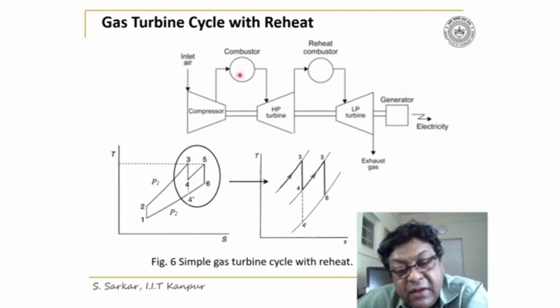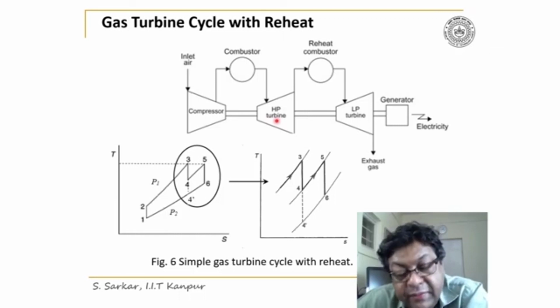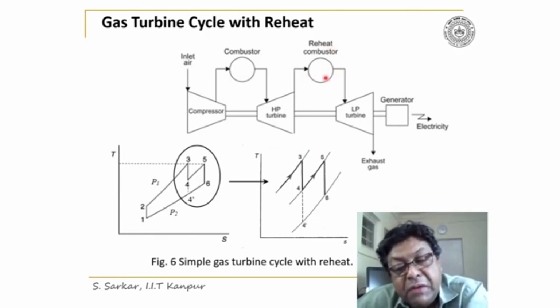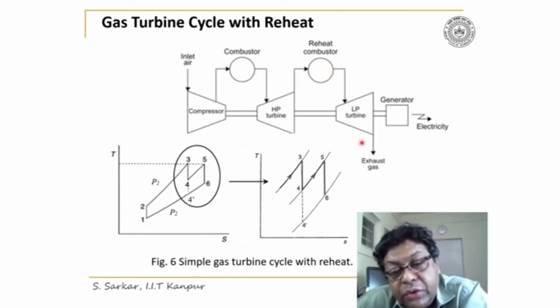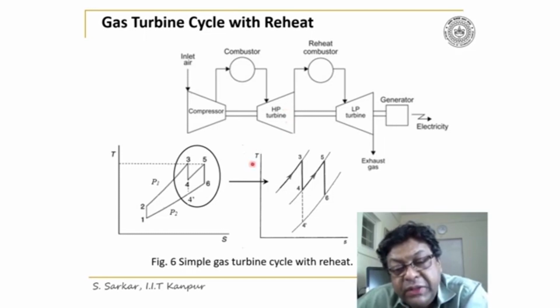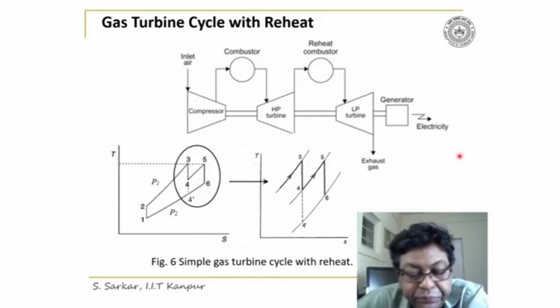After that, high pressure and high temperature gas is expanded in the high pressure turbine. Then exhaust from HPT is reheated in the reheat combustor, and then again it is expanded through the LPT. The turbine work is used to run the compressor and to run the generator to develop electricity.